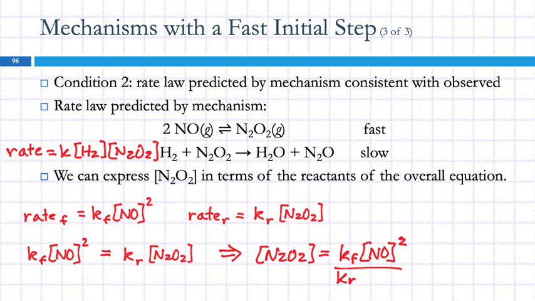So this guy is equal to that. So we can substitute that in. So the rate is equal to the rate constant times the H2 concentration times Kf over Kr times NO squared.